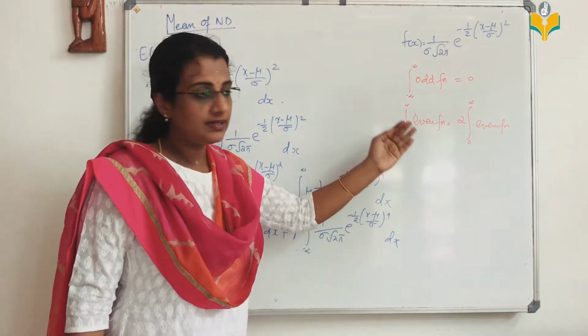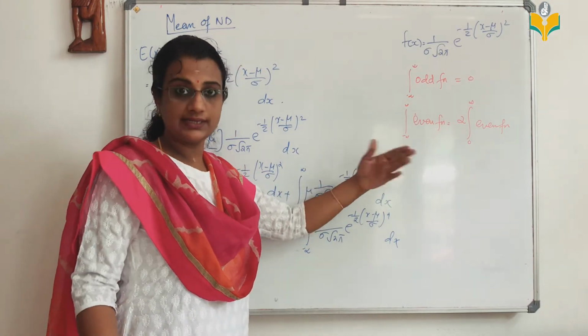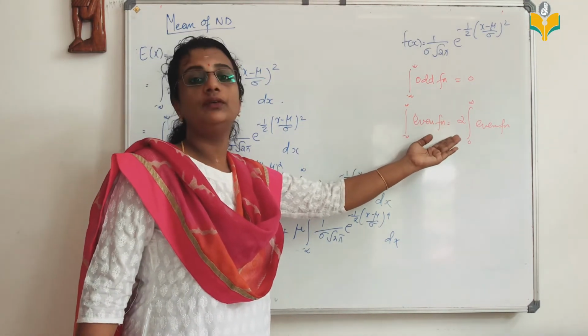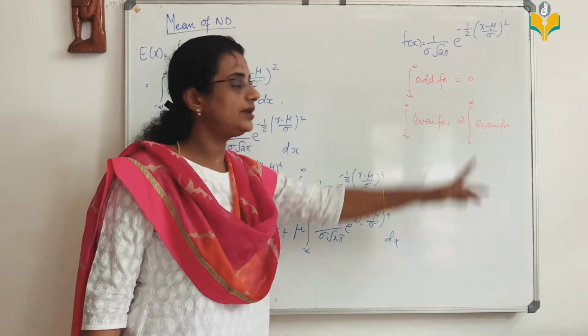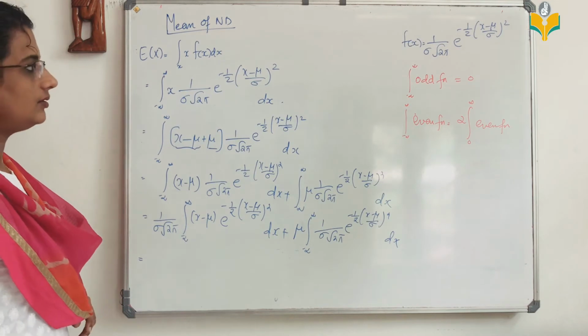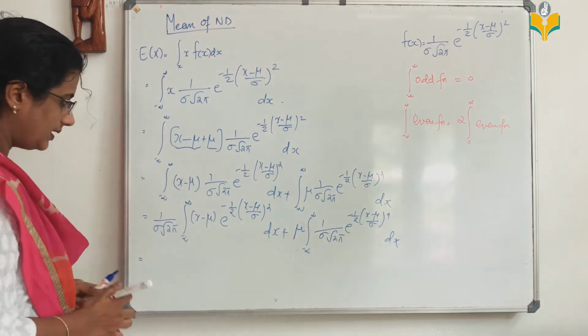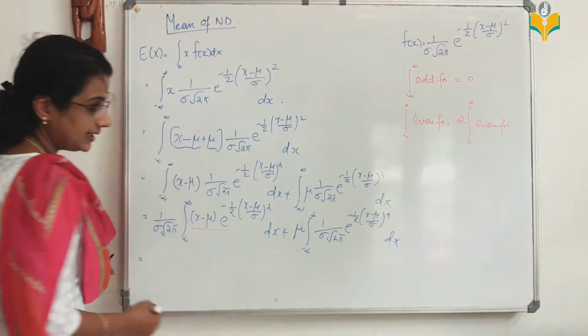And what about the even function? Whether it is minus a to a, or minus 5 to 5, minus 10 to 10, for an even function we get 2 into the integral from 0 to infinity of that integrand. Okay. So applying that property here, this is an odd function of x minus mu, so the integral must be 0.